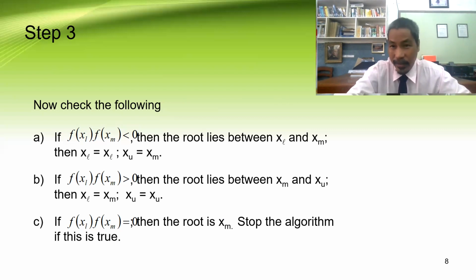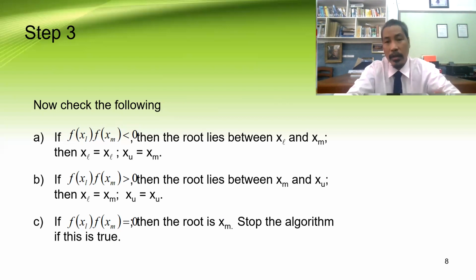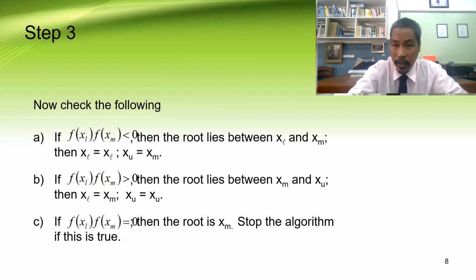If the answer is positive, then do the following: XL is equal to XM and XU is equal to XU. Meaning to say, we change the value of the lower limit XL to be the midpoint value.